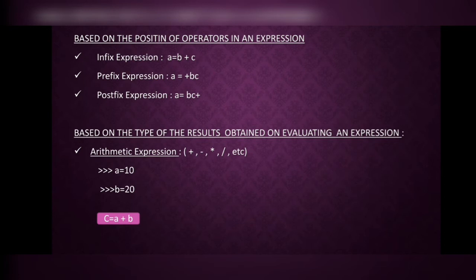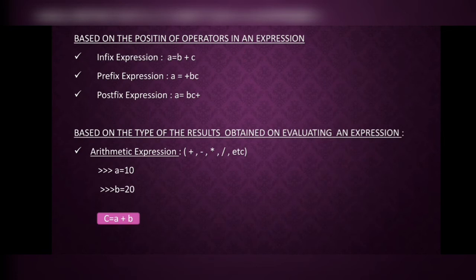These types of expressions just do mathematical operations like addition, subtraction, multiplication, division, etc. Here is an example for arithmetic expressions. Here c equal to a plus b is an expression which does a mathematical operation using a plus operator for two operands a and b. The assignment statement is also called an expression.